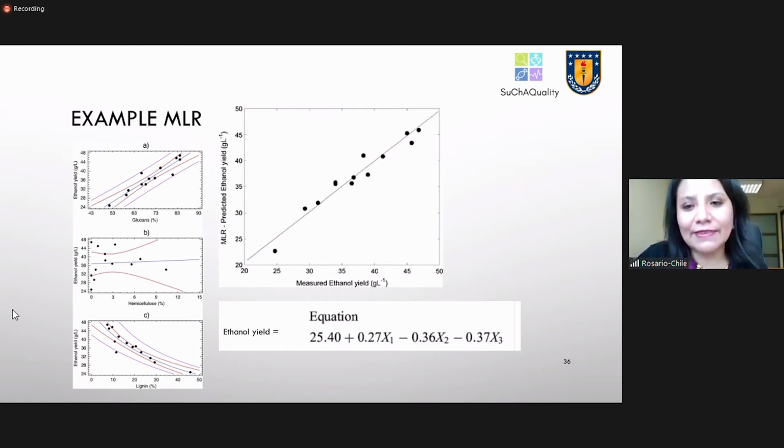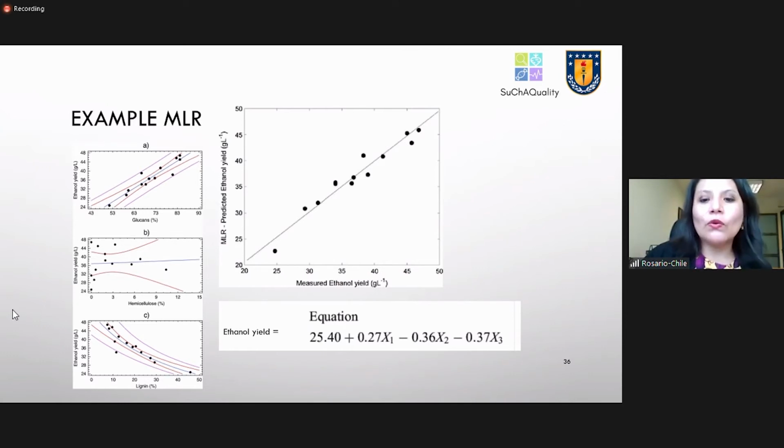It means that without application of the saccharification process, we know the chemical composition with high potential to obtain ethanol.